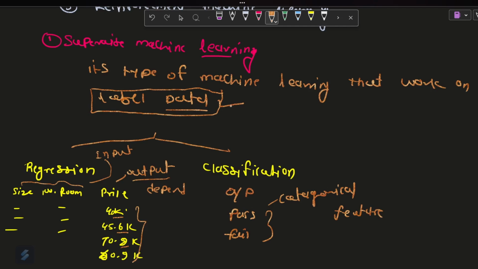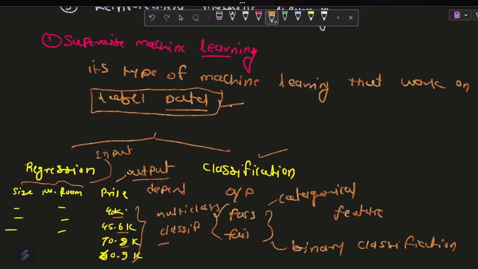So we consider this a classification problem, and this is a binary classification. Similarly, we have multi-class classification as well. So this is our supervised machine learning.